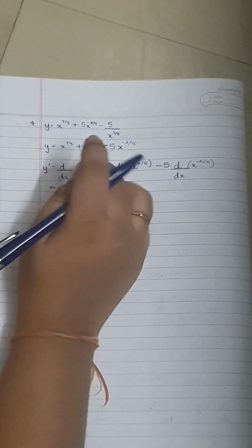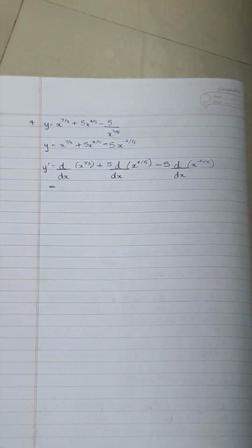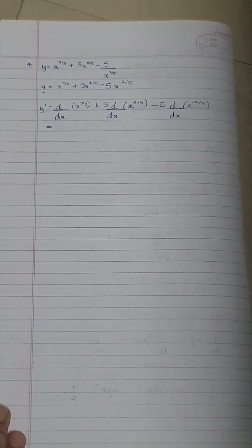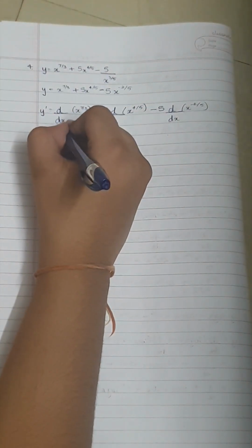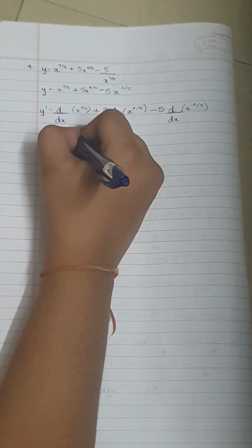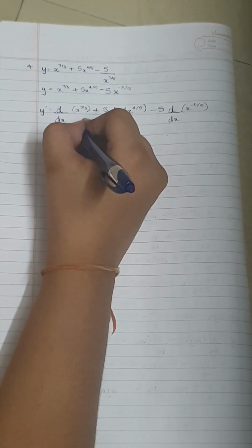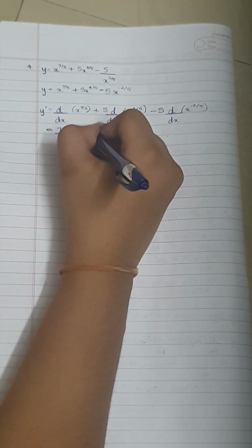Differentiation, very easy. X to the power n is differentiated as n into x to the power n minus 1. So you have 7 by 3. So 7 by 3 becomes your constant. X, 7 by 3 minus 1 is 4 by 3.